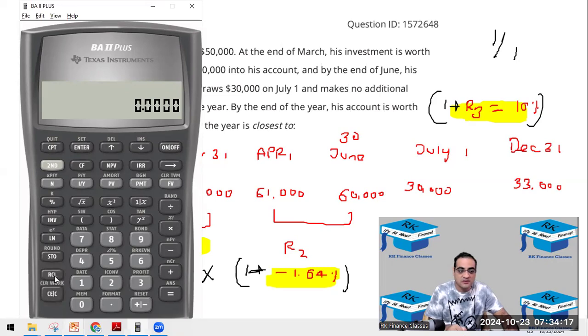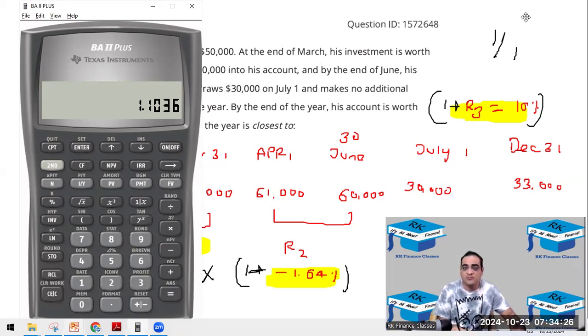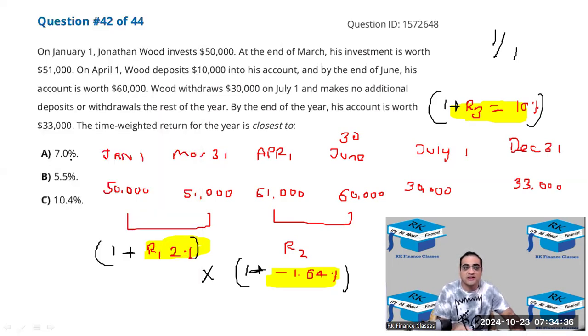So one more time, recall 1 into recall 2 into recall 3, and then raise to. ओके, 1/1, so raise to, ब्रैकेट ओपन 1 डिवाइडेड बाय 1 ब्रैकेट क्लोज, and then finally minus 1. So the answer is 10.36%, which is close to C.